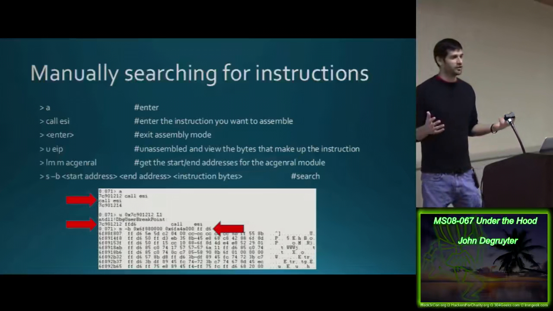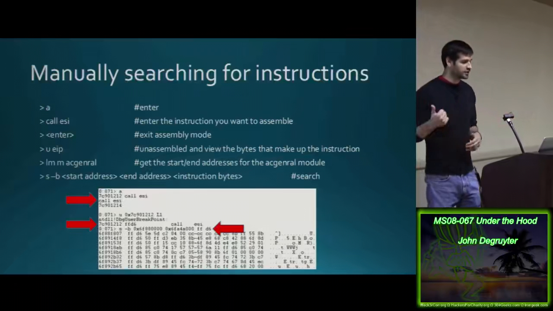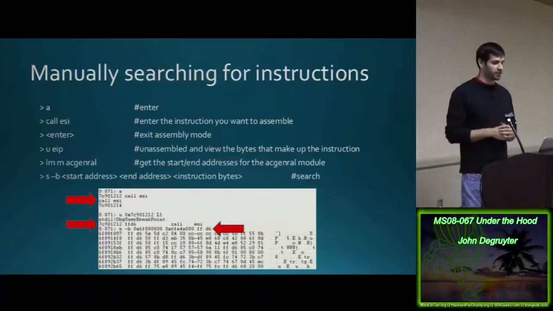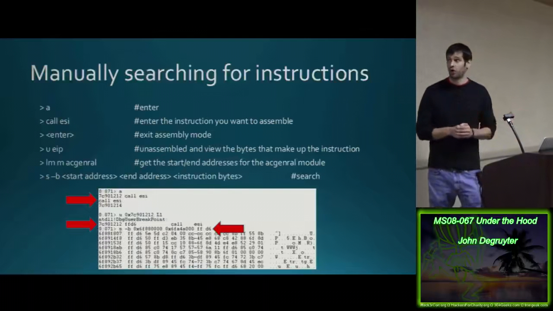But basically what I wanted to know is, what does a call ESI look like? What do the bytes that make that up look like? So you just hit A, type in call ESI, hit enter. I think you have to hit it twice actually, and you'll exit out of assembly mode. But that'll start to overwrite EIP with the instruction you wrote.